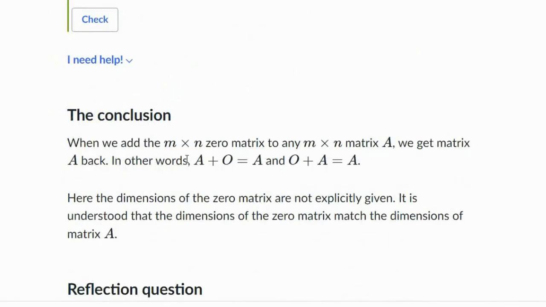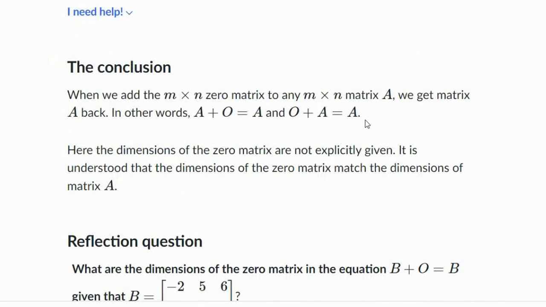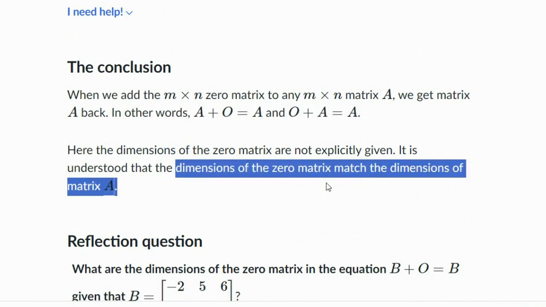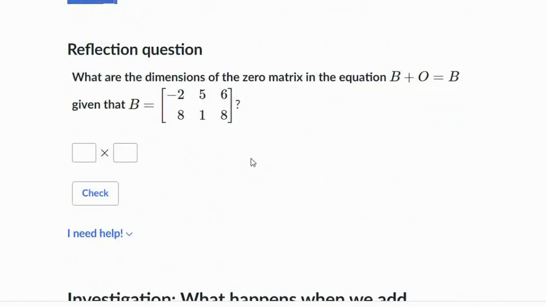So basically, when we add an m by n zero matrix to any matrix A, we get matrix A. So A plus 0 equals A, or 0 plus A equals A. This doesn't give the dimensions of the zero matrix, but it's just understood that the dimensions of the zero matrix will match whatever matrix A is. So here's a good question. If we were to add a zero matrix to this, B plus the zero matrix equals B, what are the dimensions of the zero matrix, if it doesn't tell us?